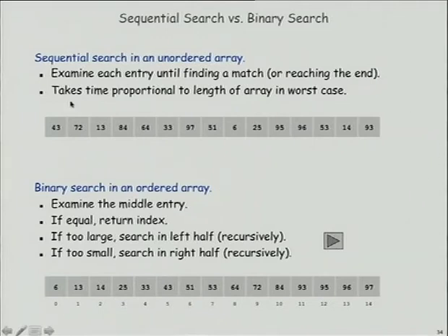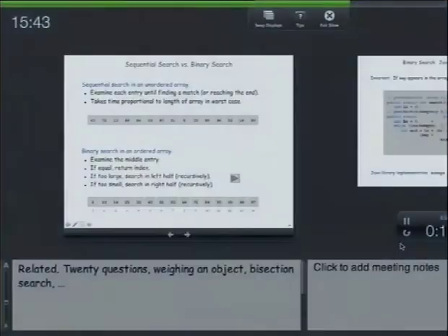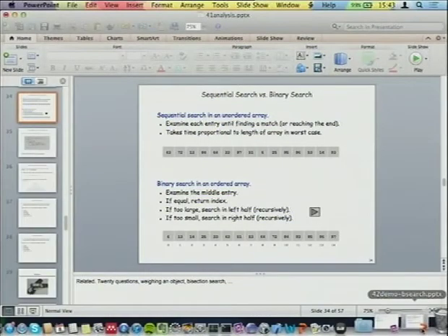Now with binary search, we assume that this array is actually ordered. Somehow that happened, and I will teach you at some point how you would sort this efficiently as well. Now I have another demo here to show you what we do with binary search.